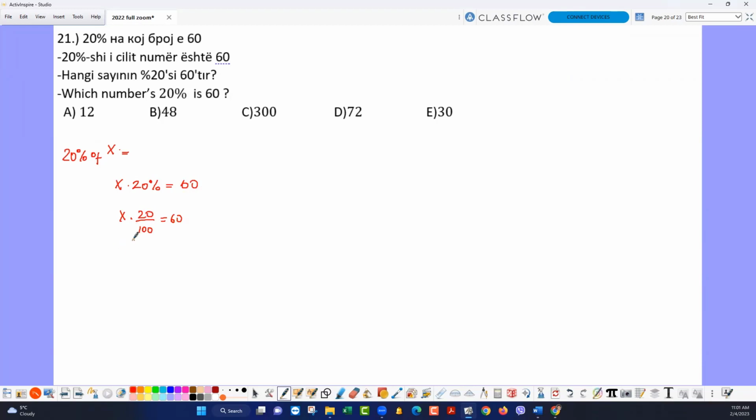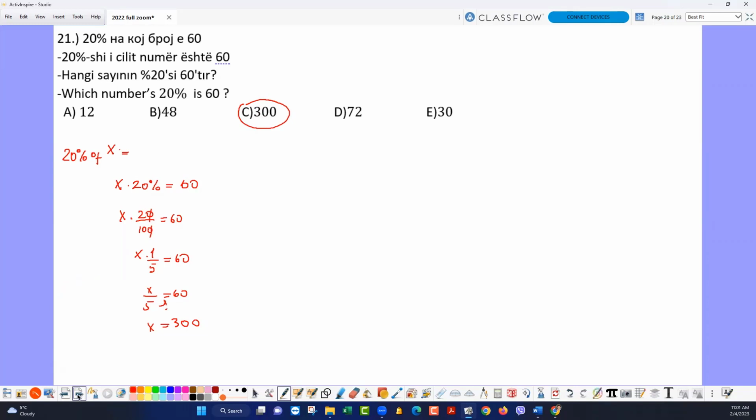When you simplify, x times 1 over 5 is equal to 60, x over 5 is equal to 60, and x has to be 300. Here you are going to multiply.